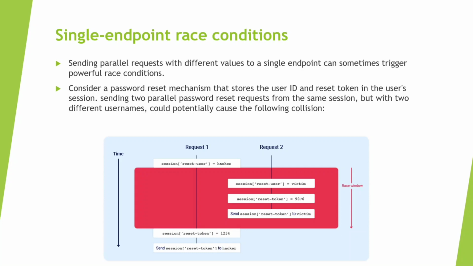Now, sending two parallel password reset requests from the same session but with two different usernames could potentially cause a collision, where the reset token of the victim is sent to the email address of the hacker. So this is a single endpoint race condition.